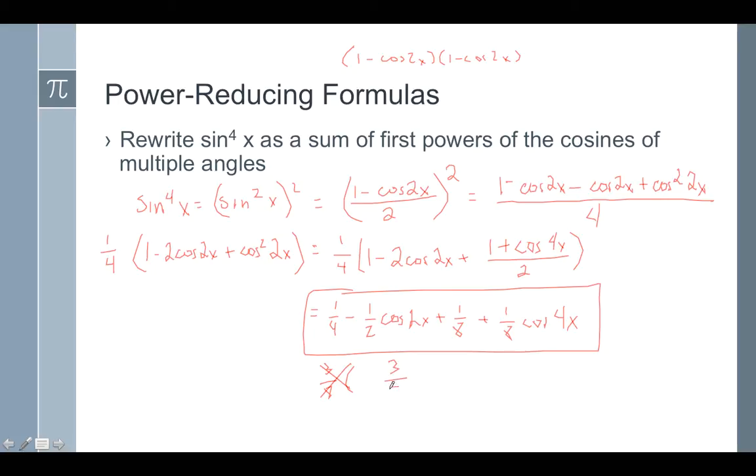We get 3 over 8 minus 1 over 2 cosine 2x plus 1 over 8 cosine 4x. All right, so there you go. That is the power reducing formula. It's one of the big things that you're going to be doing in using that power reducing formula is doing this type of problem.